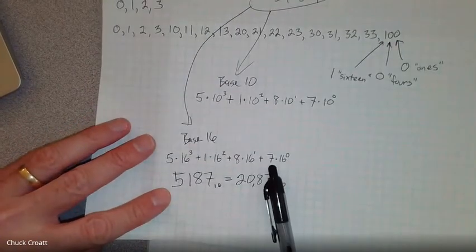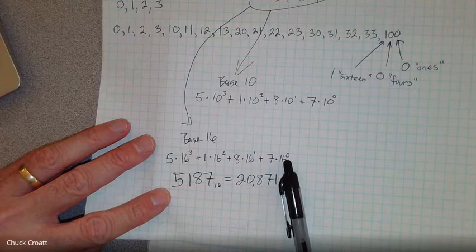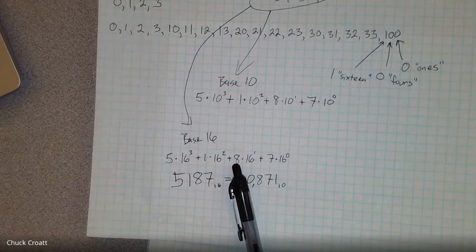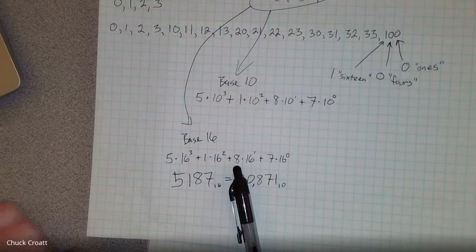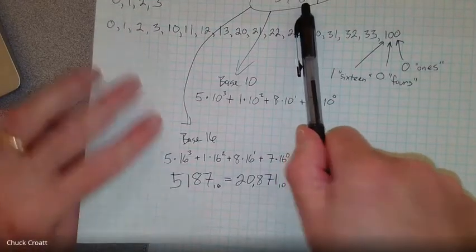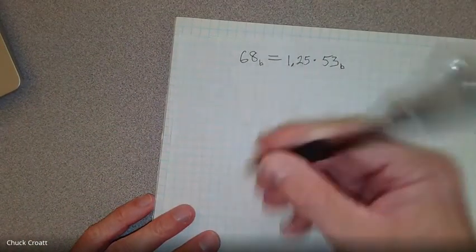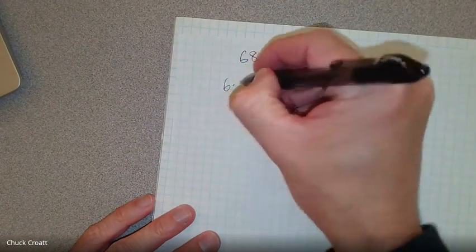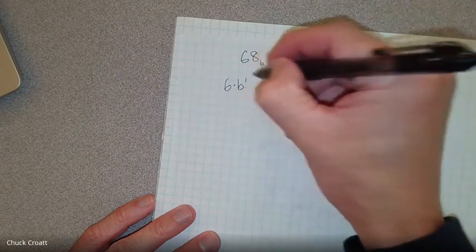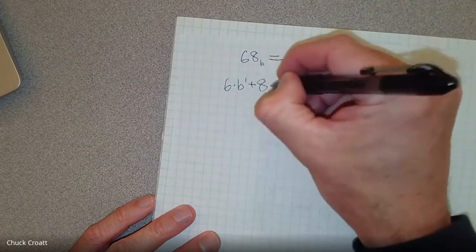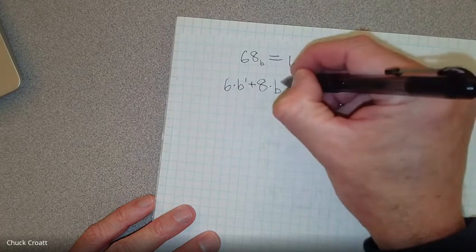I've got the ones digit times 1 plus the, well, 16th digit or 10th digit or whatever it represents. In this case, I've got 8 times that, and 6 times this. So this is not just 6, but 6 times whatever my base is to the first power plus 8 times whatever my base is to the 0 power.